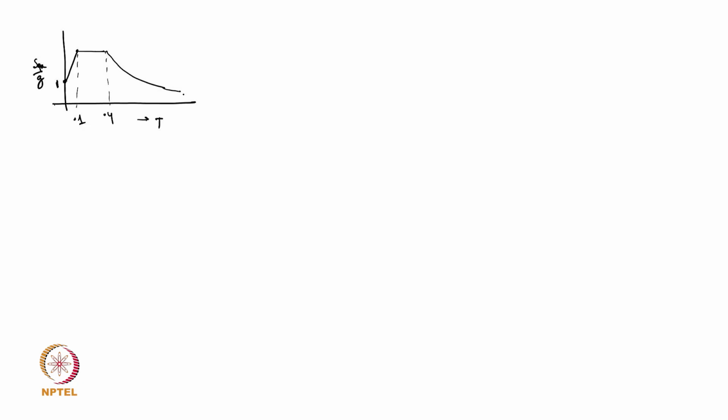And this goes up to, that is not given in the IS code. So that goes up to 4 seconds. After that, this graph is not given in the IS code. That is maybe in ACI or some other, or Eurocode, that portion is given.